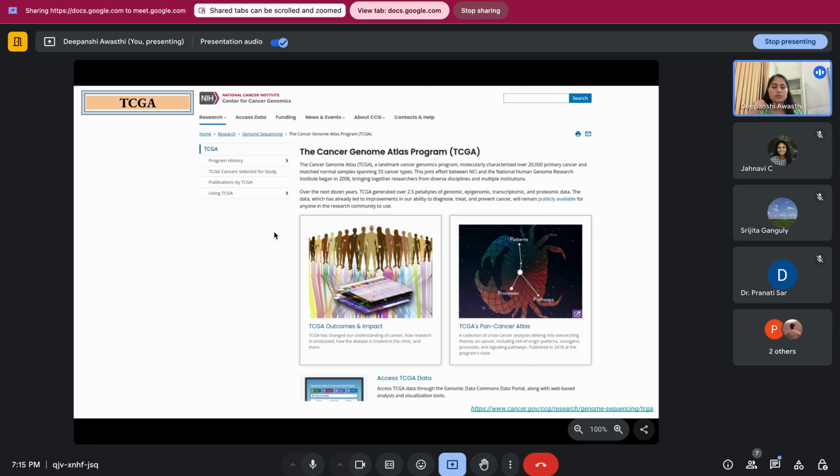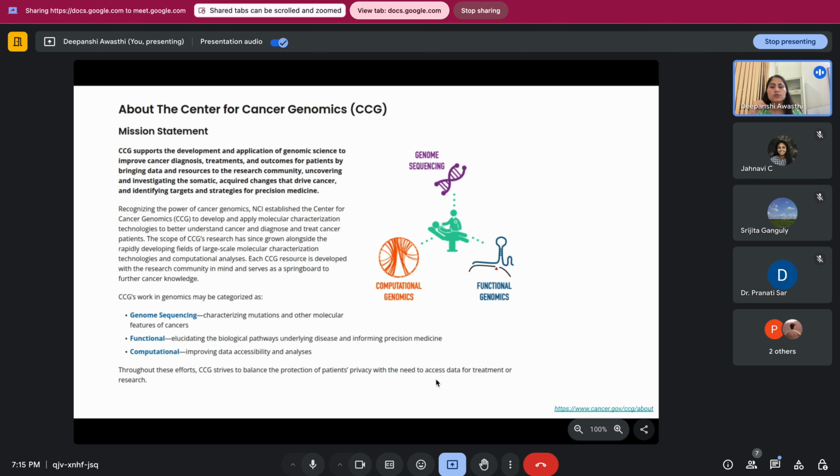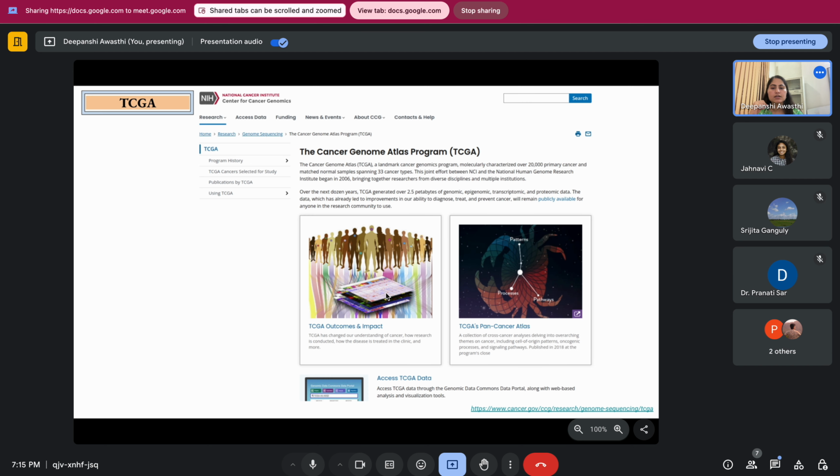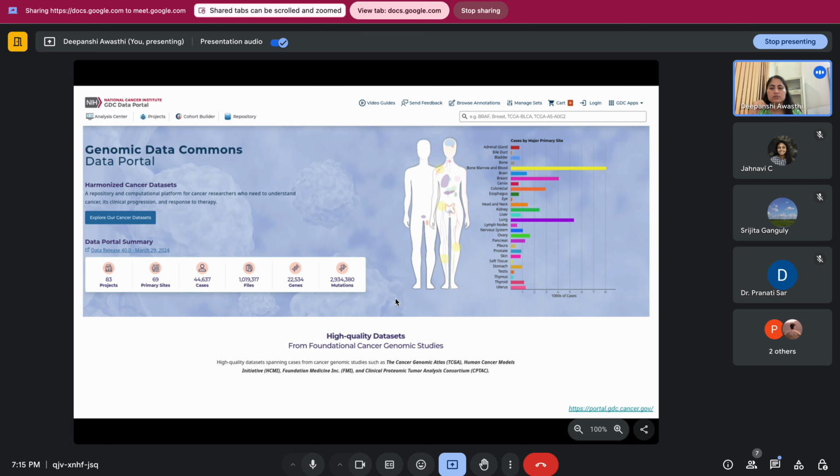That's why if you click on access TCGA data, which is present in the bottom part of the slide, it will take you to the GDC data portal. So don't get confused. TCGA is also hosted by the GDC data portal. It is in collaboration, so they all collaborate. If you go to any of these databases, you will be redirected to the GDC data portal.